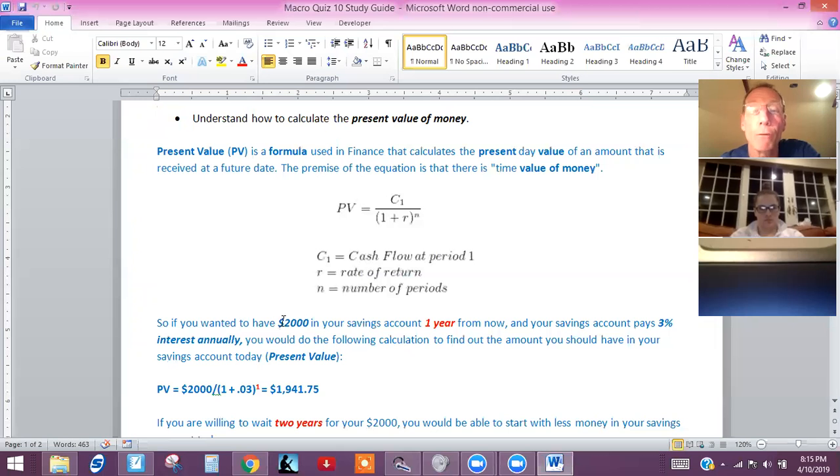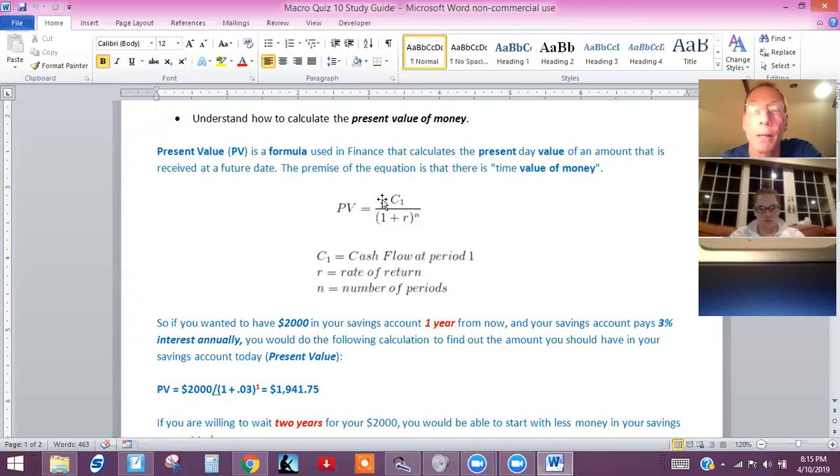So that's what we call future value, okay? That's what you want. Or cash flow at period one. Here they're calling it C1, okay? So your cash flow, it's sometime in the future, so we're just calling that cash flow at period one.